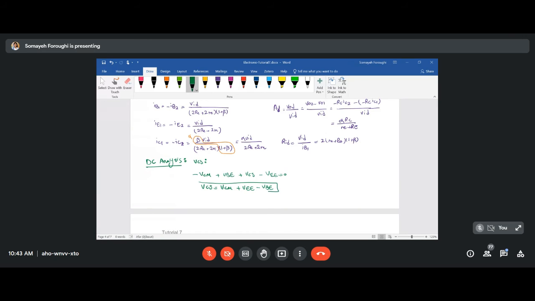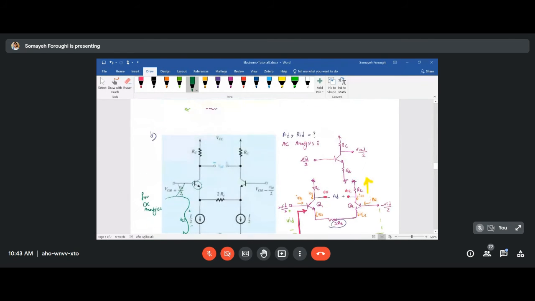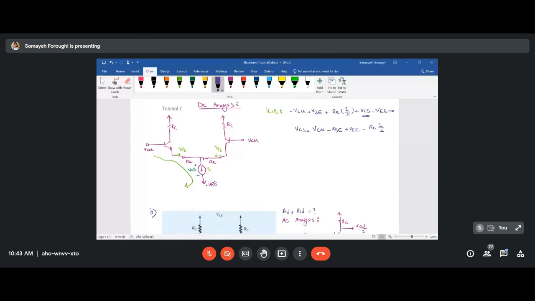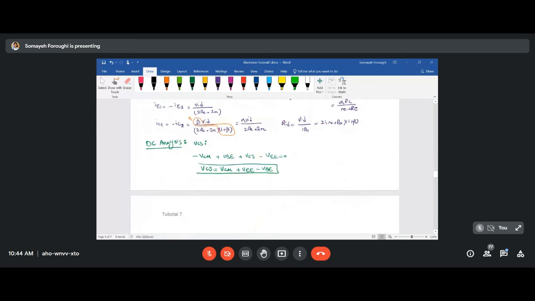This is the voltage of the current source here, and previously I had this as the voltage of the current source in part A. As you see in part A, there is an extra term which is also negative, and that one more negative extra term makes VCS in part A more negative than VCS in part B. So that's the only reason we should say VCS in part A is more negative.